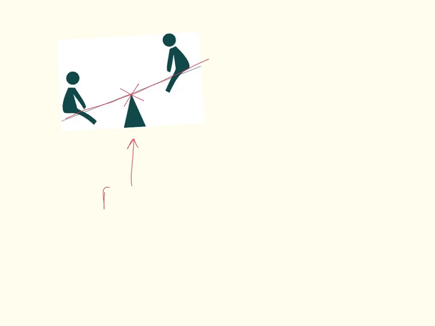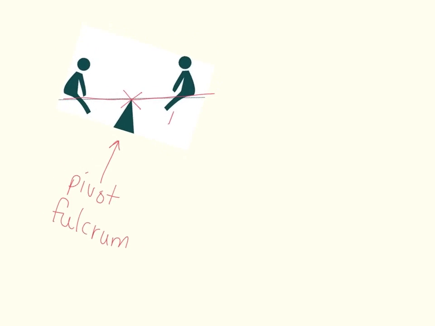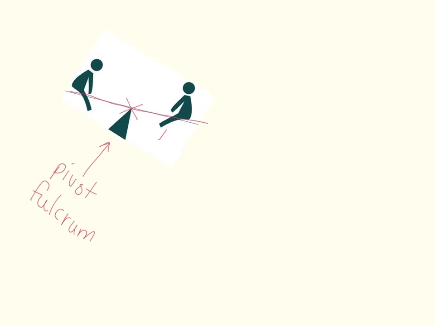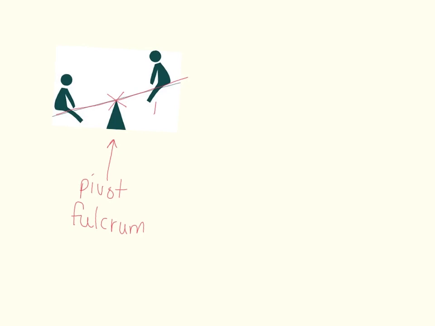We oftentimes call this a pivot or a fulcrum. That's the point around which that plank of wood or metal or whatever is rotating. Because if you imagine it, the kids would rotate back and forth like this around that point, right?